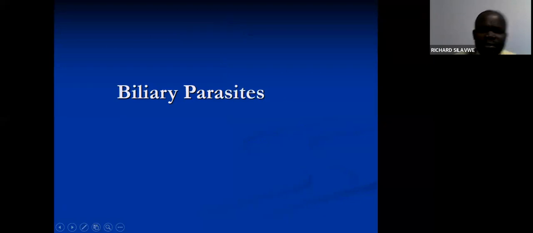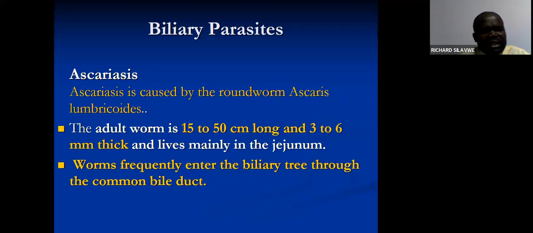Then we also have a biliary parasite, like we mentioned earlier on. So we have Ascariasis. Ascariasis is caused by the roundworm Ascaris lumbricoides. So we are saying the worms can also be found in the biliary tree.